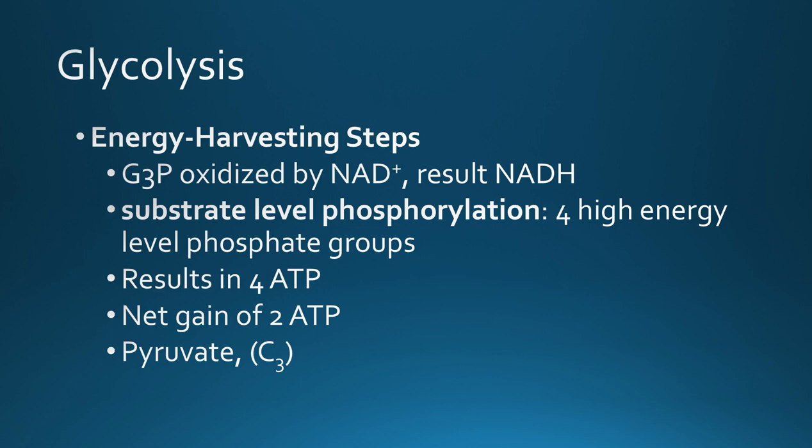Then substrate level phosphorylation is going to occur. 4 high energy phosphate groups are going to join with 4 ADPs to create 4 ATPs. 2 of these ATPs are going to go back into glycolysis to split the next glucose, which gives the cell a net gain of 2 ATP that it can use for its energy. During this process, the G3P is converted to a 3-carbon sugar, which we call pyruvate.